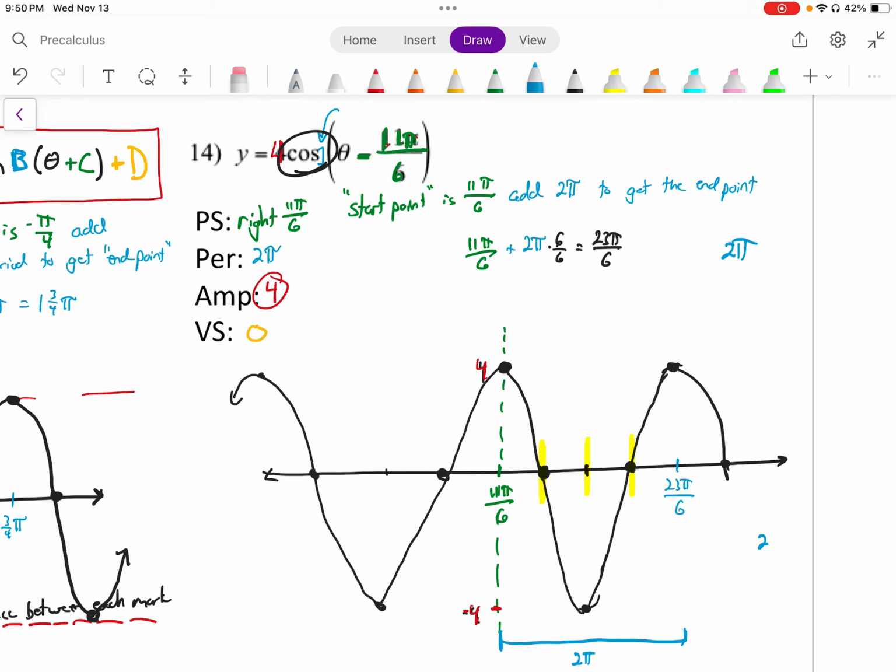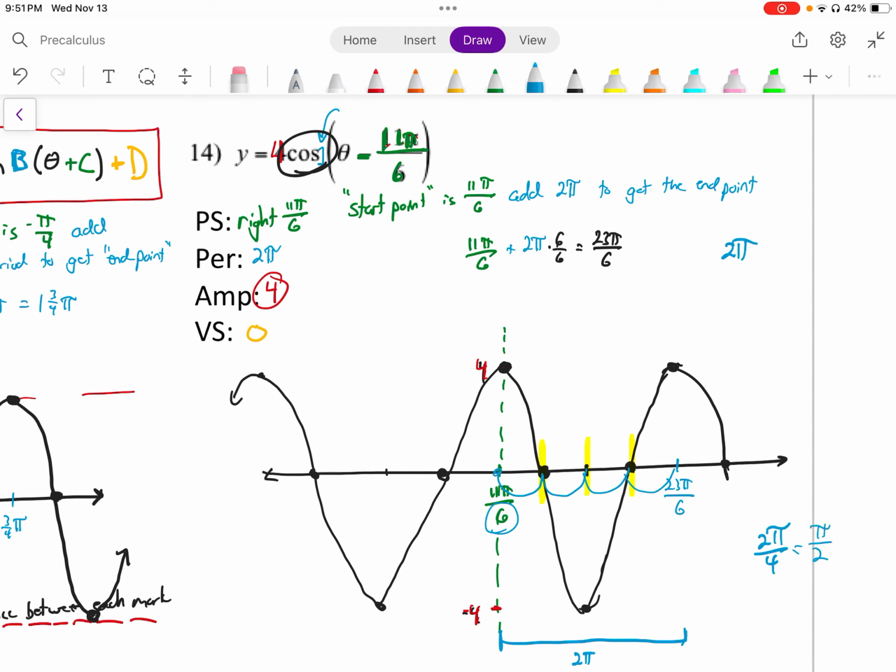If we take 2 pi and divide it into 4 equal parts, that's 2 pi over 4. So from here to here is 2 pi over 4, 2 pi over 4, 2 pi over 4. Well, we're dealing with sixths here, so I don't want to add 2 pi over 4. I can reduce this. This is pi over 2.